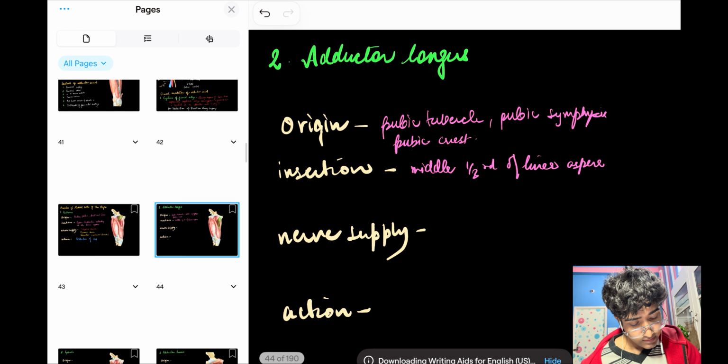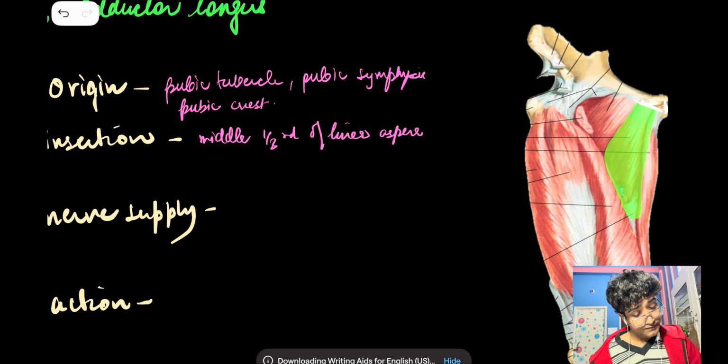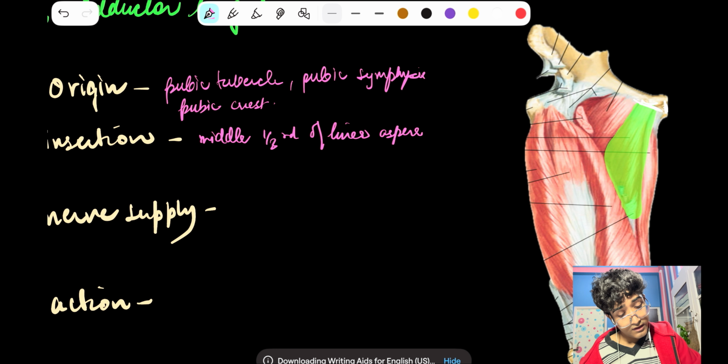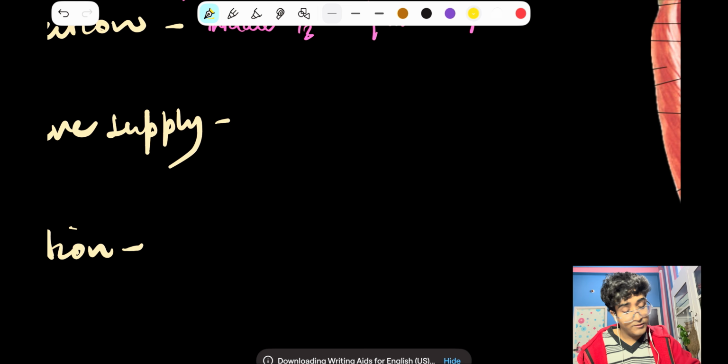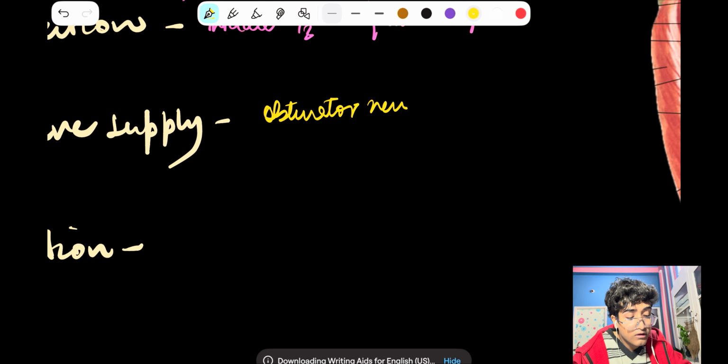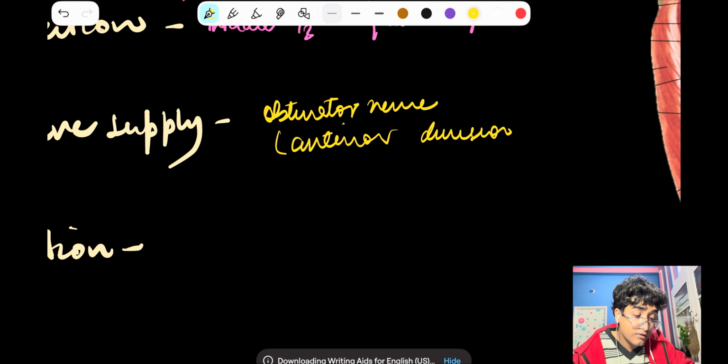Coming back to our page, it is innervated by the obturator nerve, to be specific the anterior division.